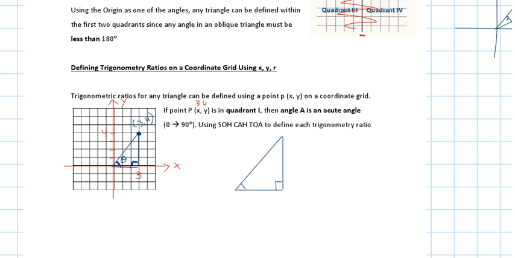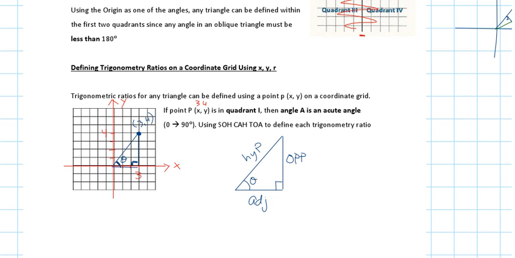Now, according to this angle theta, where's your opposite, where's your adjacent, where's your hypotenuse? This is your opposite. This is horizontal, so that's the adjacent. And that's your hypotenuse.